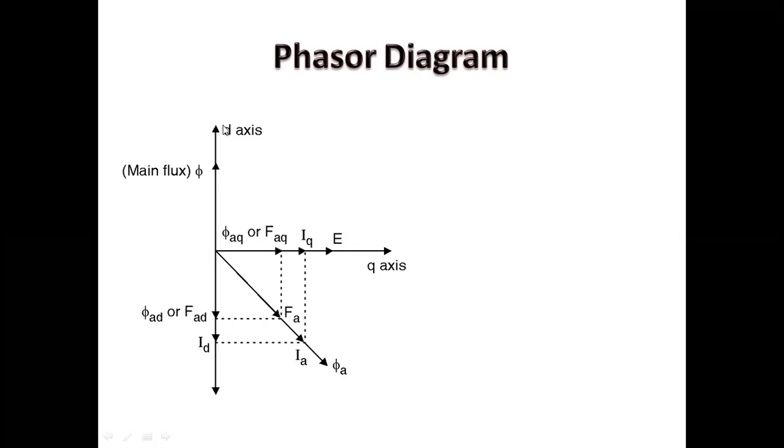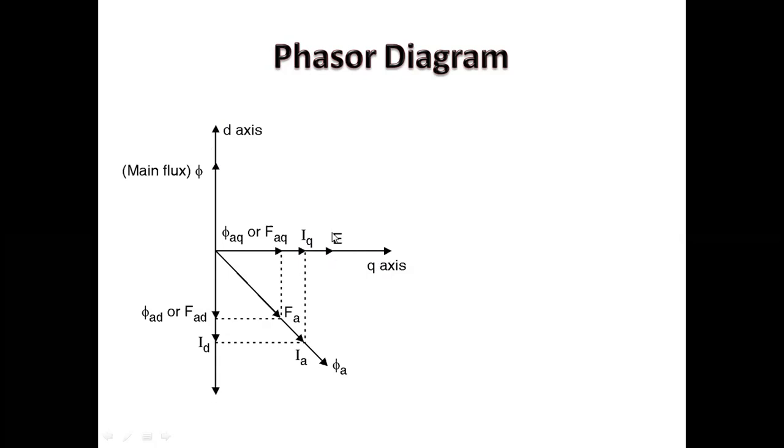As we know, D axis and Q axis are 90° apart. So Q axis is also plotted along E. So this horizontal line consists of EMF, which is 90° lagging to D axis, and the quadrature axis flux lagging the D axis by 90°.